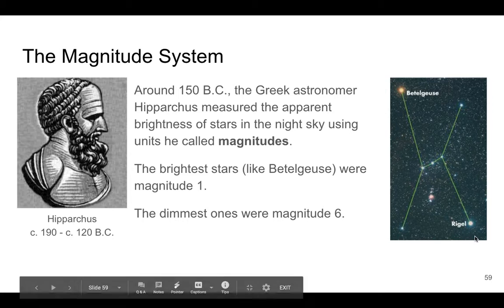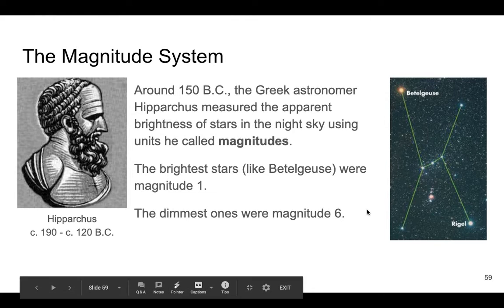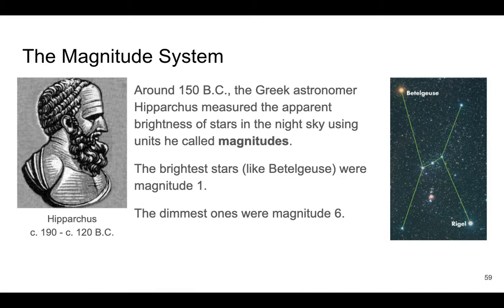I'm guessing Rigel is also a first magnitude star. I don't know off the top of my head, but Rigel is very bright as well. If they were a little less bright, he called them magnitude 2, and so forth, all the way down to magnitude 6. Magnitude 6 stars are the dimmest stars you can see with your naked eye under good conditions. So very bright stars are 1, and the dimmest stars you can see are 6.